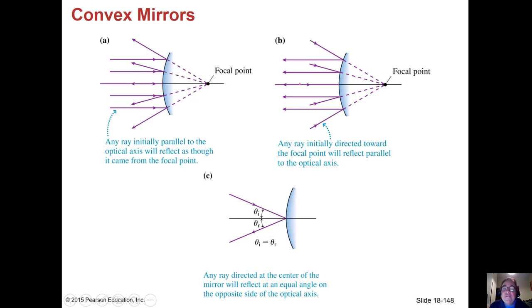Here's one in the center heading towards the focal point. Here's one up here heading towards the focal point. Those all reflect out back parallel. And then here's the third one, angle of incidence equal to the angle of reflection. So I always use this one, and you can pick your other one, this one or this one. So you need 2 out of 3, and then the third one to kind of confirm.